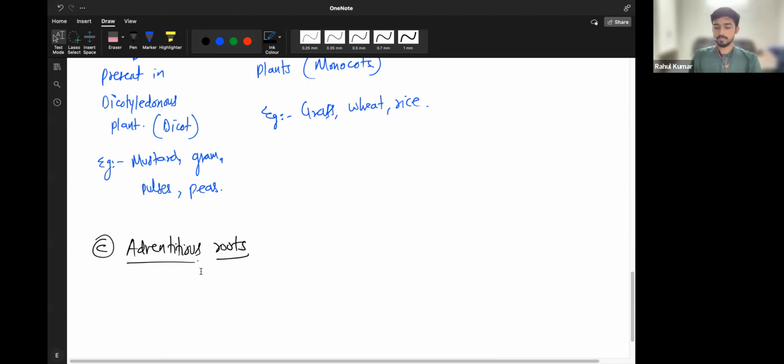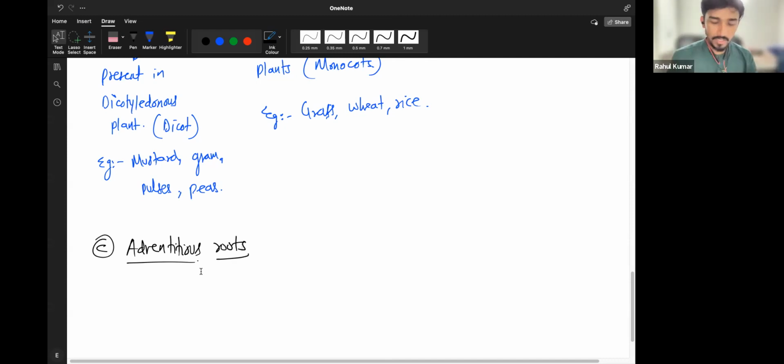Just give me 1 second. Adventitious means what? If roots are present anywhere in a plant where it should not have been present normally, but it is present to give the plant some advantage, that's called adventitious roots.